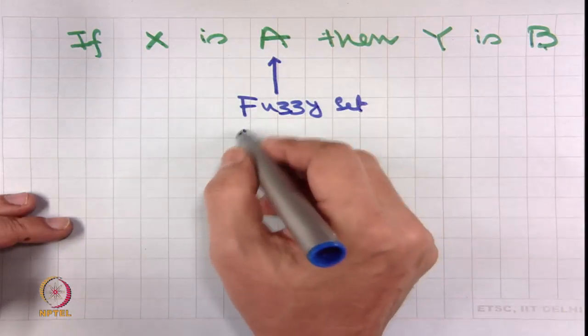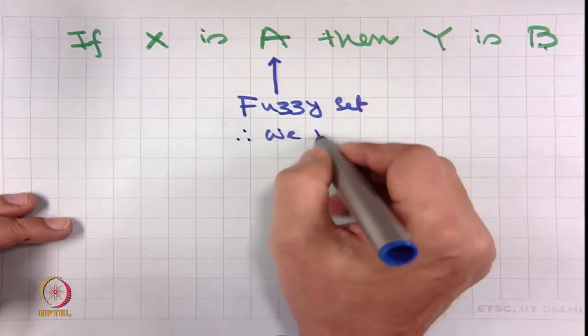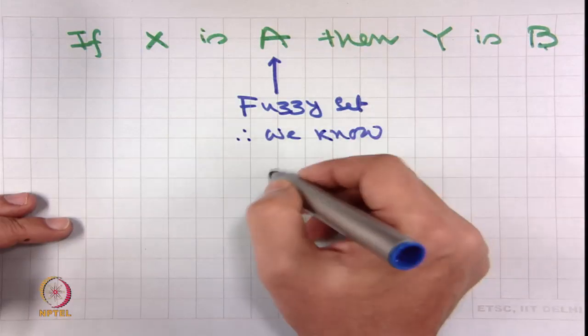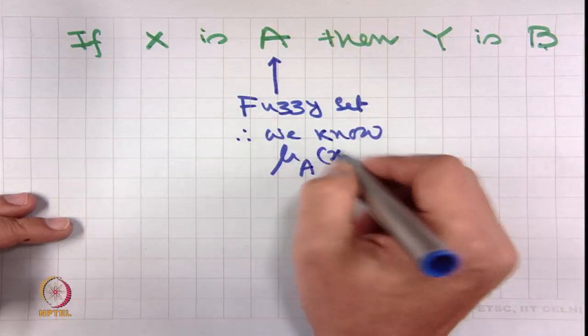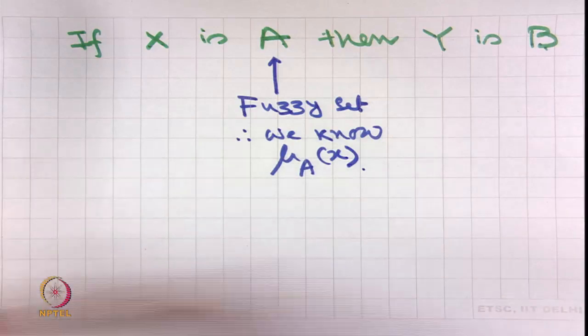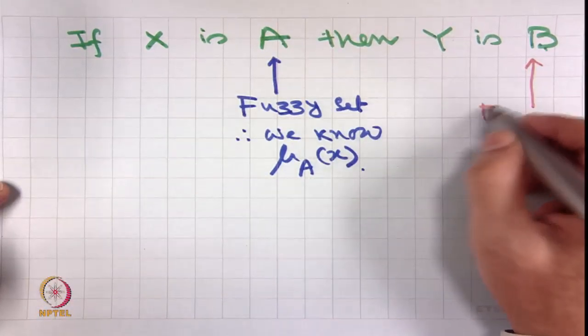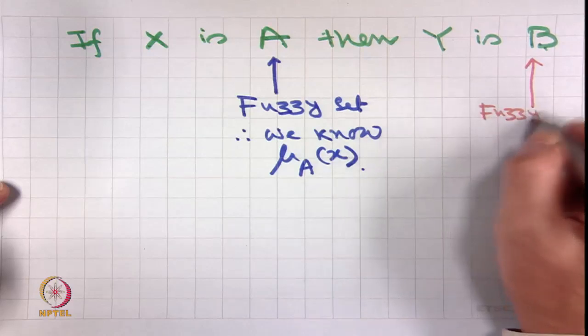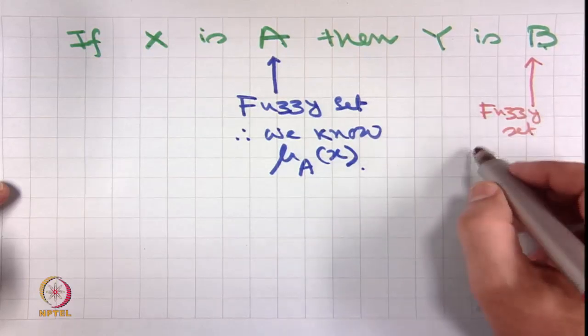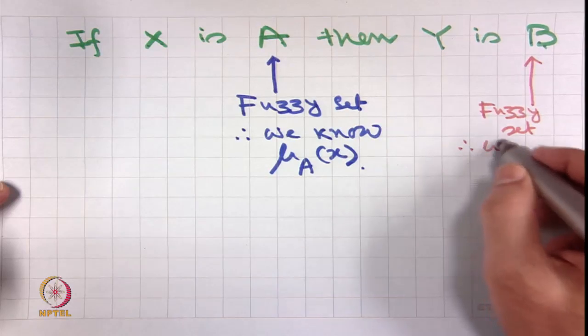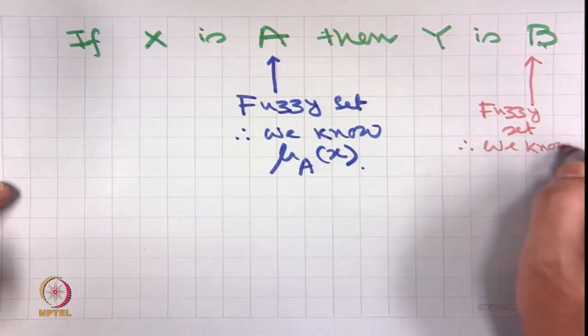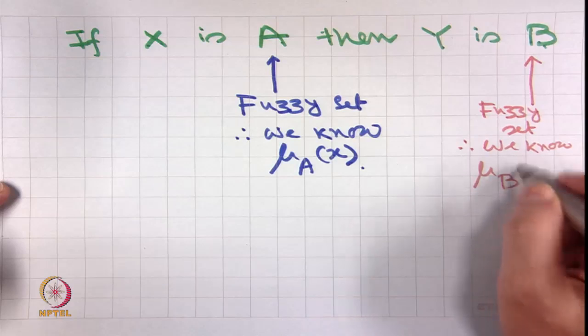Therefore, we know mu A of x, and this is another fuzzy set, and we know mu B of y.